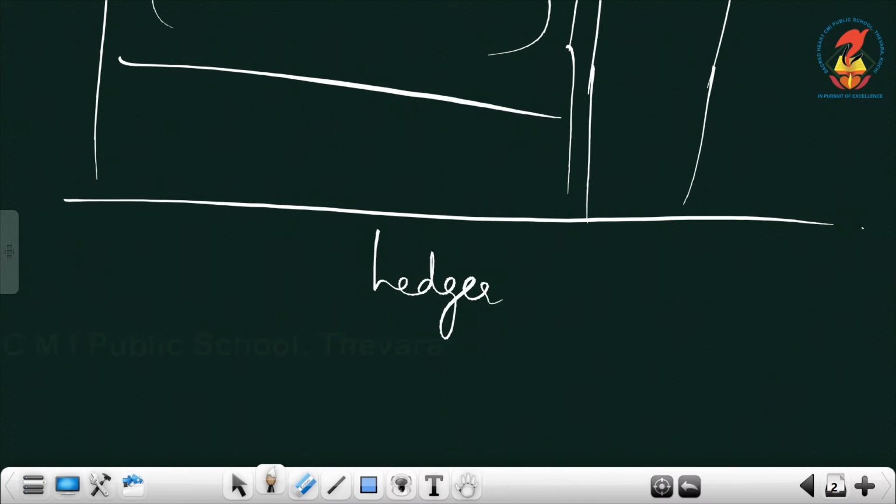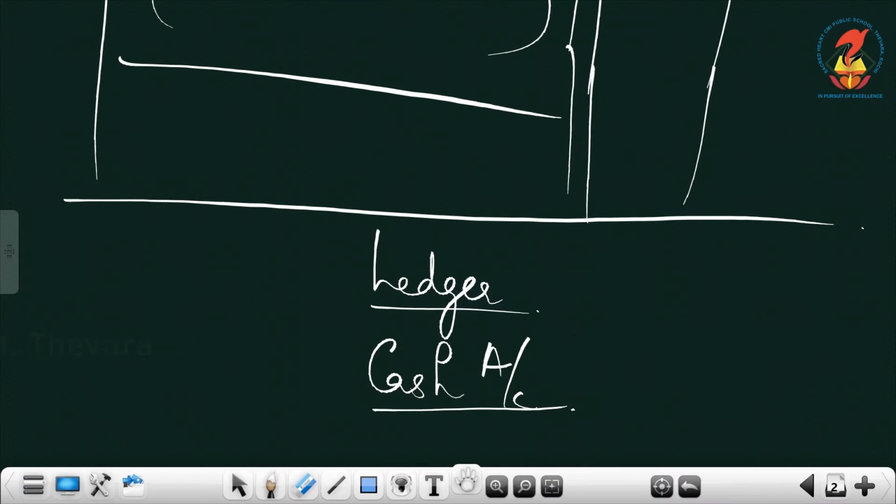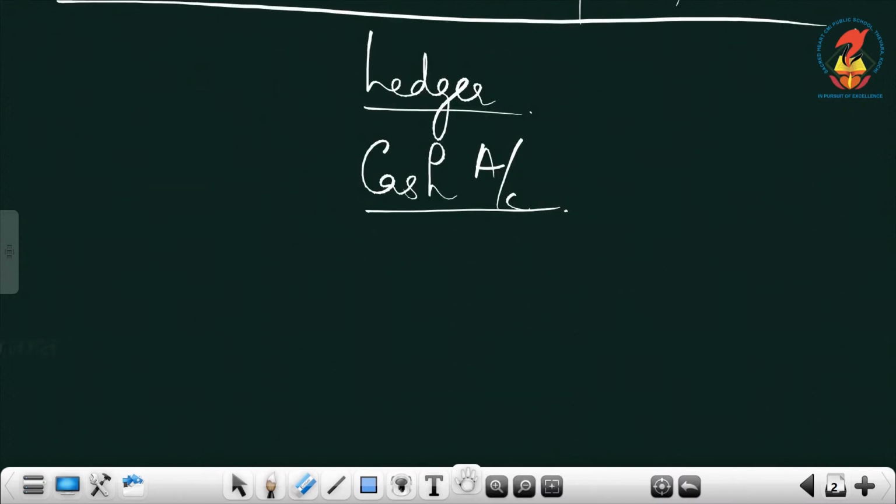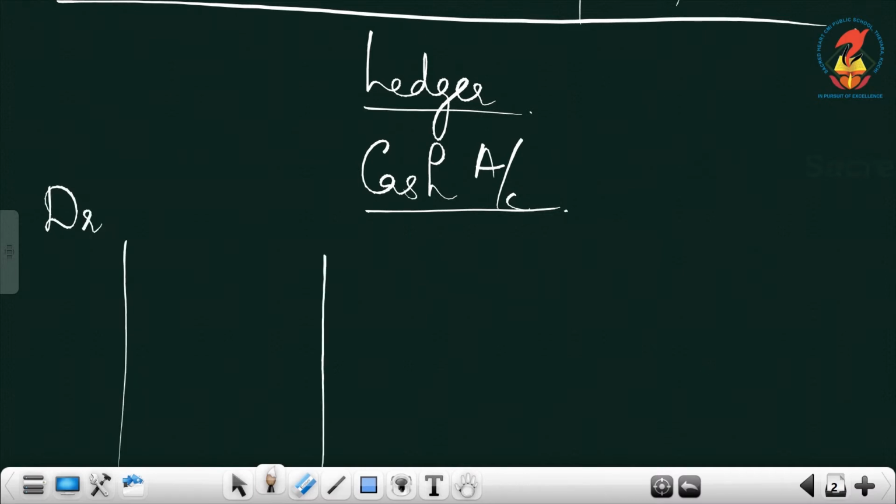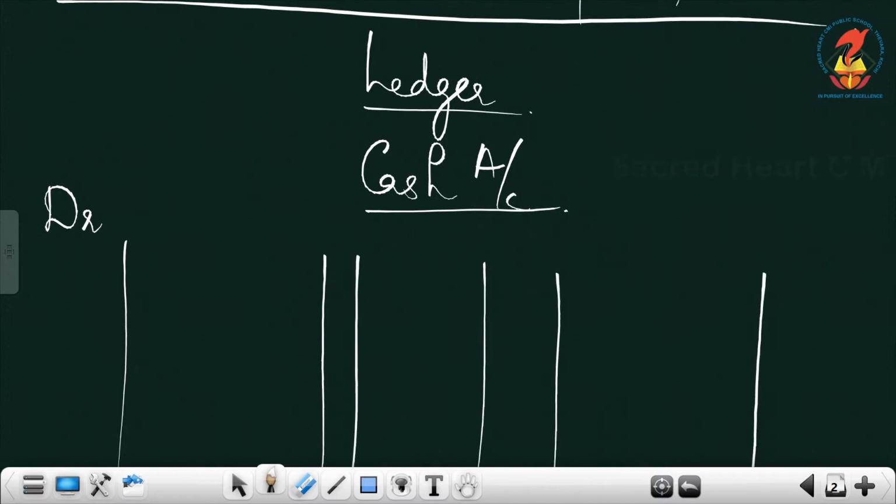Give the heading ledger. The first thing, always you must write the heading of the account which you are doing. First one is cash account. And what is the format? Do you remember the format? We have a debit side and the credit side. It is date, particulars, journal folio, amount, again date, particulars, journal folio, amount.